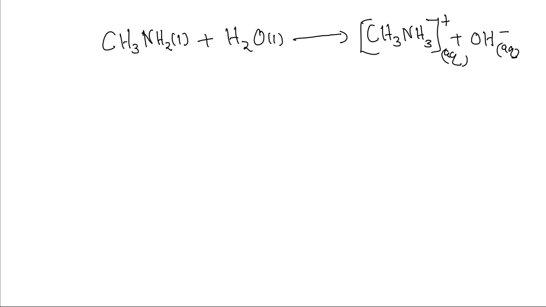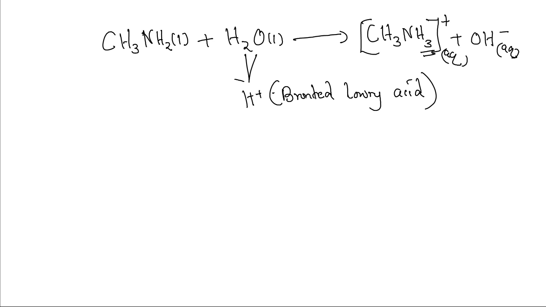Now again, this one donates a proton, and therefore this is what we call Bronsted-Lowry acid, simply proton donor. And you can see this now has more hydrogen ion.